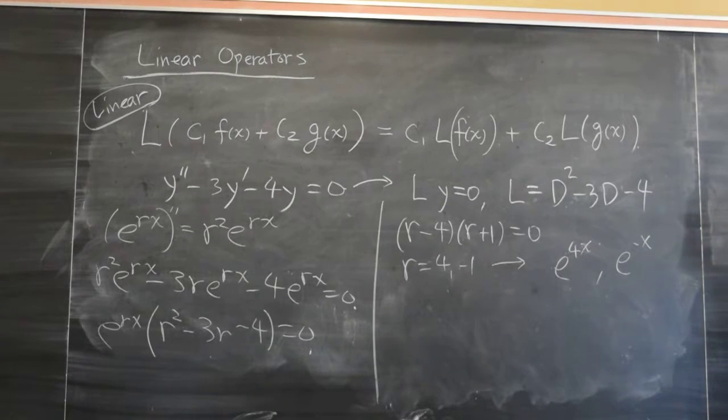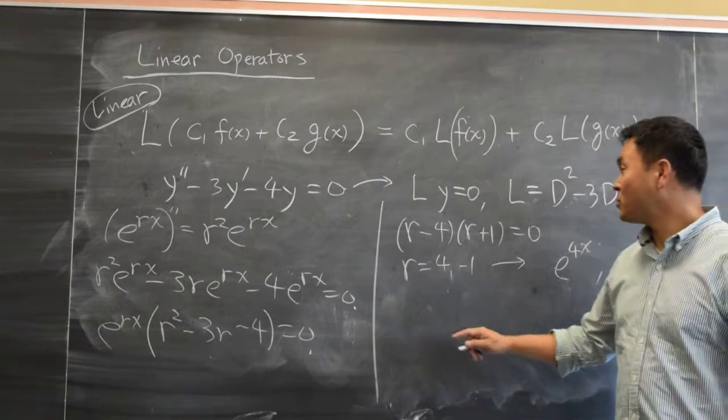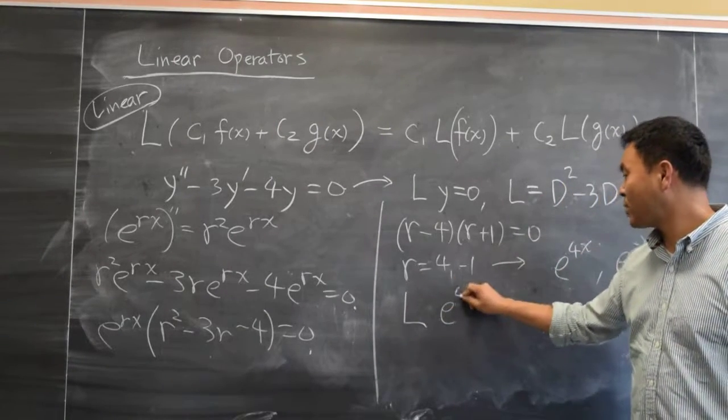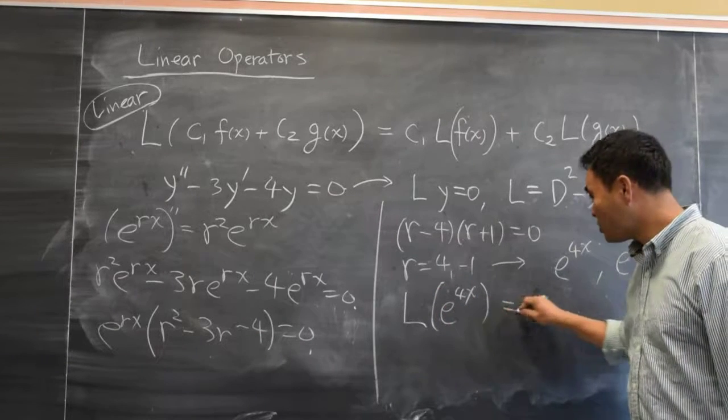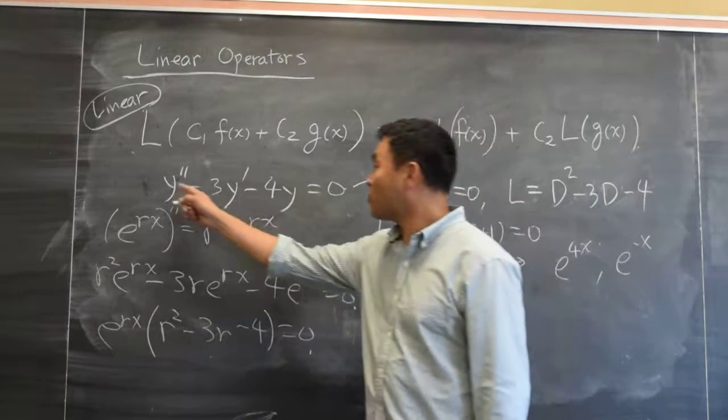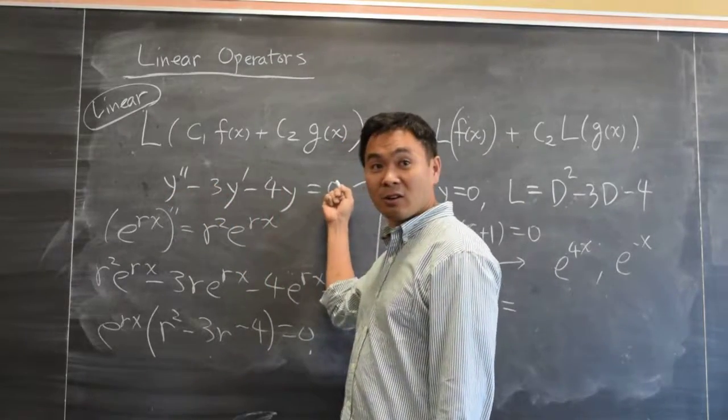So here is what we have. We found out that if I apply this L here to e to the 4x, what are we going to get? 0. Yeah, because if I have e to the 4x in here, it's going to create 0, right?